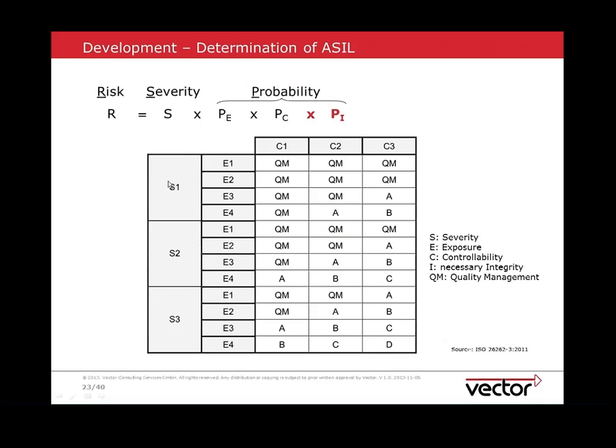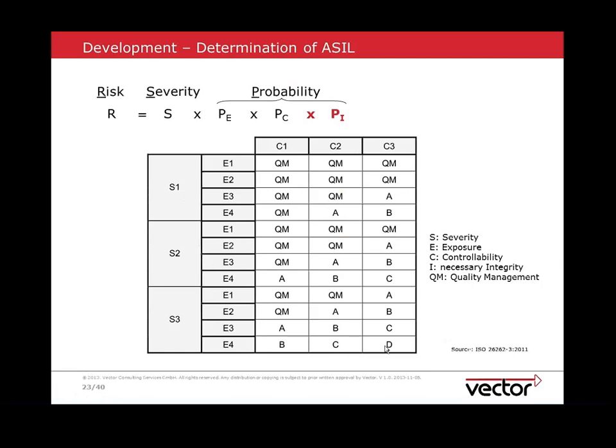The ASIL level is determined by looking at severity. It's the left column. The exposure, which we see in terms of 4 different classes. And then we have the different controllability levels. That is, to which degree are we able, in case of malfunctions, to still recover.